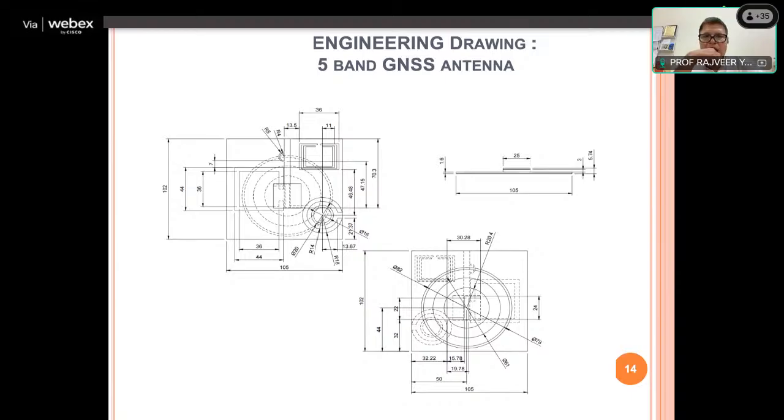Now this is an engineering drawing which we have developed to develop this GNSS multi-band antenna. I need to go in detail, but you can find out the dimensions. All dimensions are given in mm.